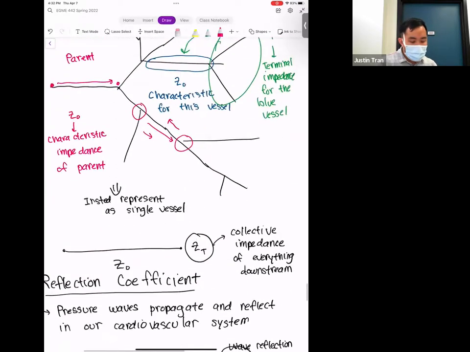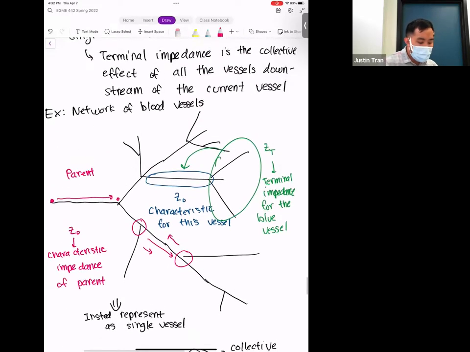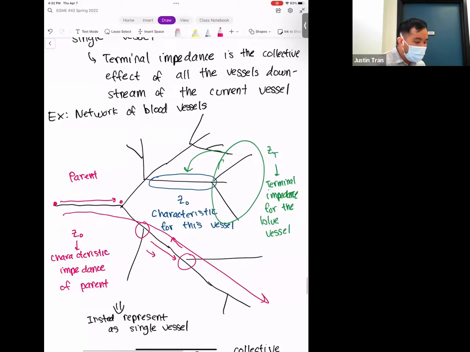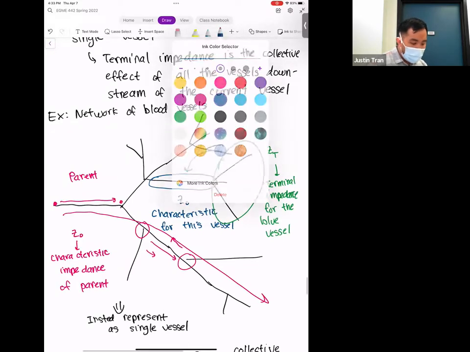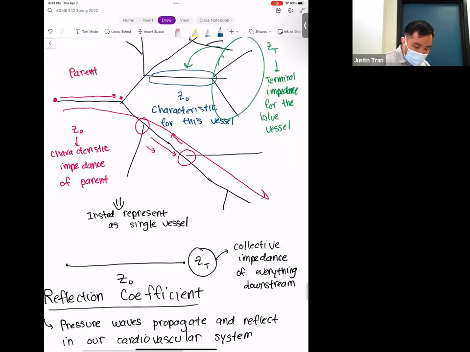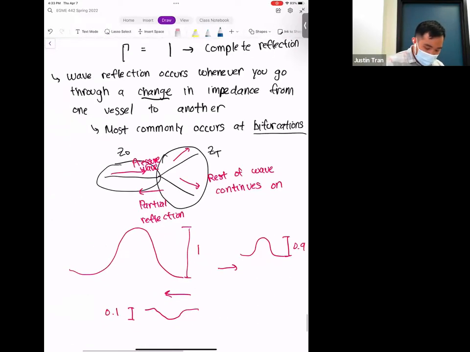When these pressure waves reflect, normally you would expect the pressure waves to go down, if this were a string, completely down the length, alongside the flow. But when the pressure waves reflect, the flow that's coming next, the flow in the next pulse, is going to feel that reflected wave. I think this is a bit easier.